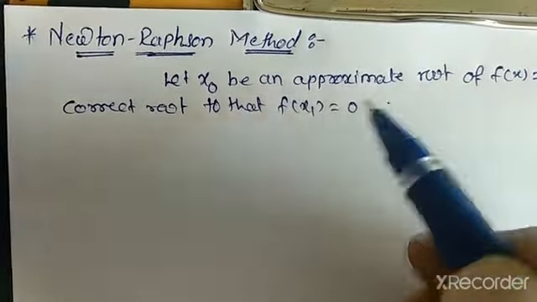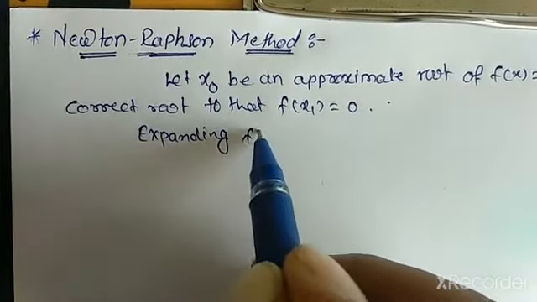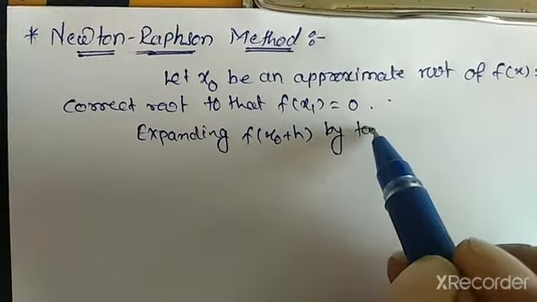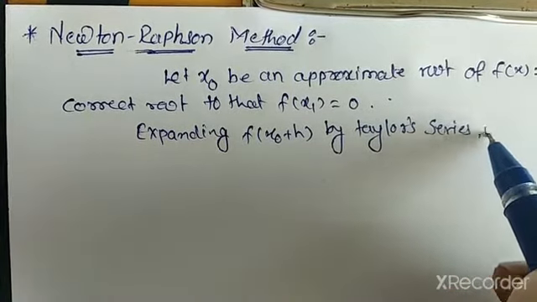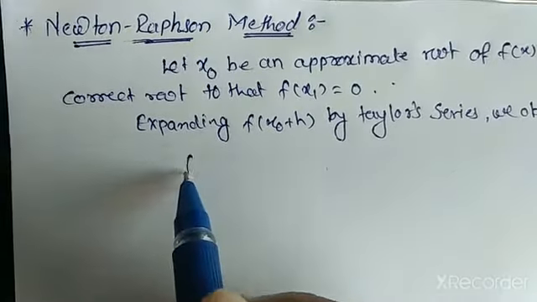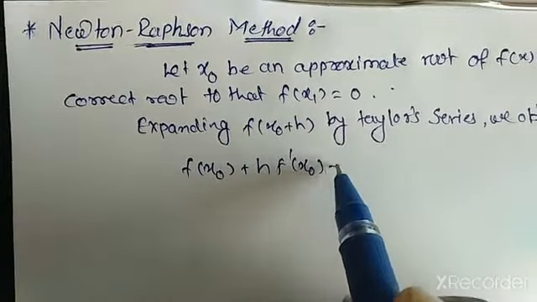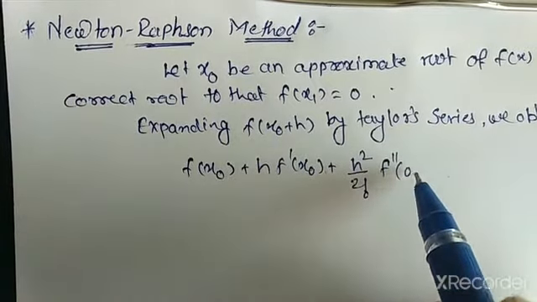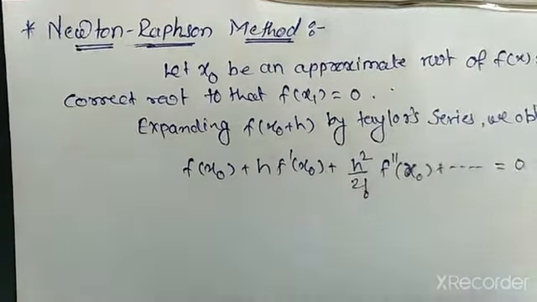So expanding f of x naught plus h by Taylor's series, we obtain f of x naught plus h f dash of x naught plus h square upon 2 factorial f double dash of x naught plus so on equal to 0.